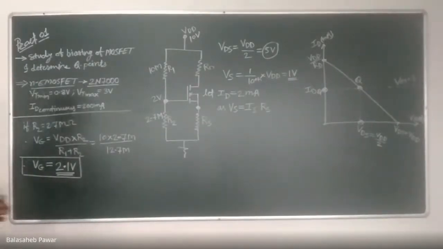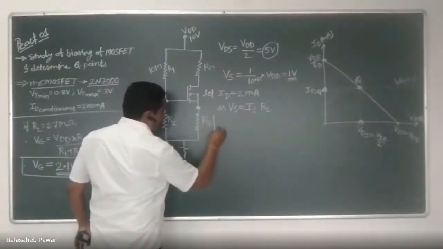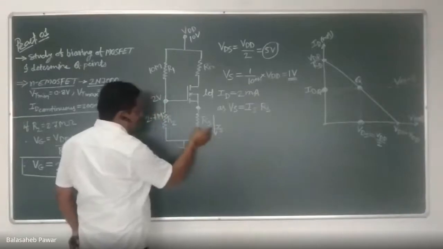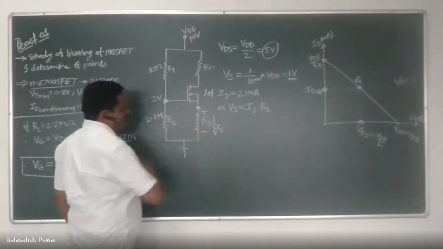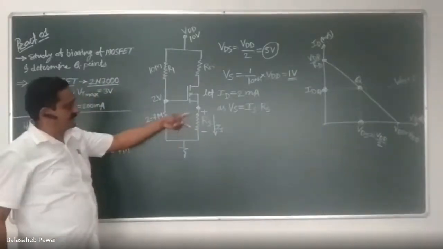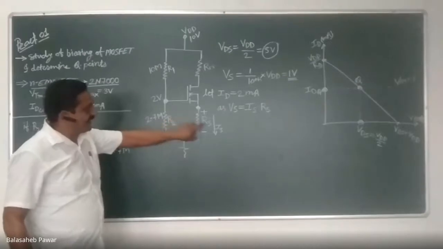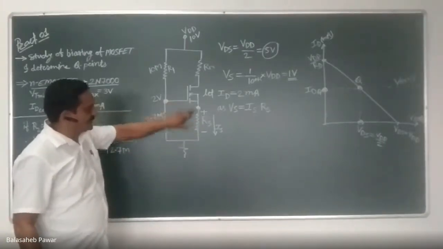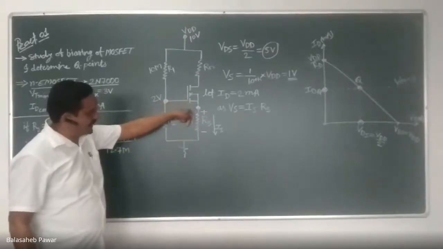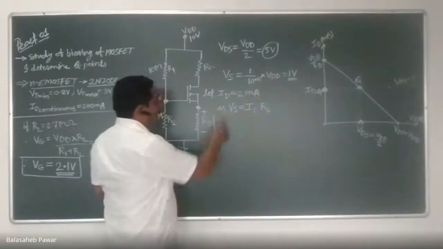Are you getting what exactly is meant by this Vs? See, whenever the source current Is flows through this resistor Rs, there will be a voltage drop across that Rs. That voltage drop is nothing but VRS, the voltage across Rs, that is the voltage at the source terminal. Simply, it is the current flowing through that Rs into the value of that Rs.